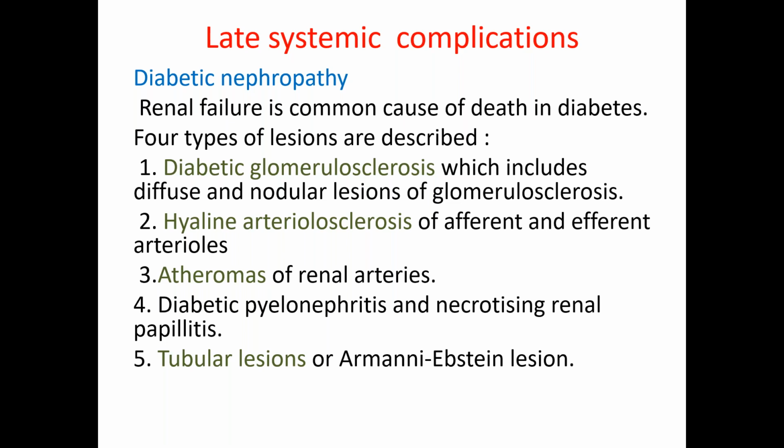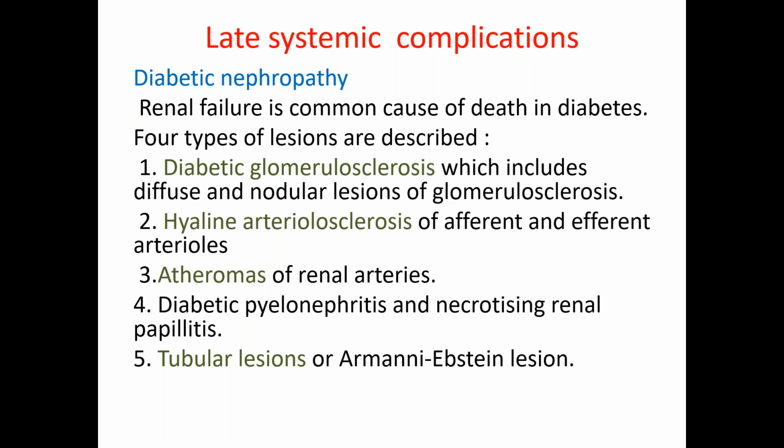Just a recollection of the involvement of the kidney in diabetes. There are 4 or 5 types of changes described, particularly in the glomeruli. In the glomeruli, the disease is described as diabetic glomerulosclerosis or glomerulopathy, which includes diffuse and nodular lesions: diffuse basement membrane thickening, mesangial sclerosis, and nodular lesions in the mesangium.